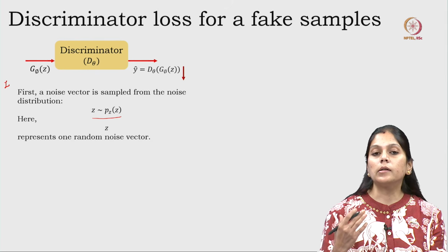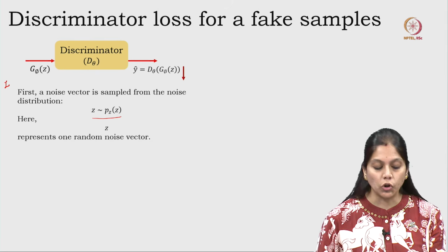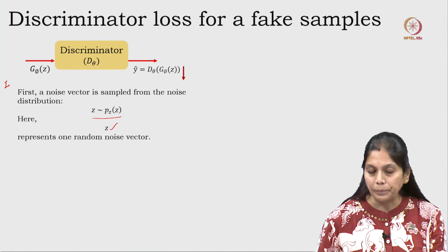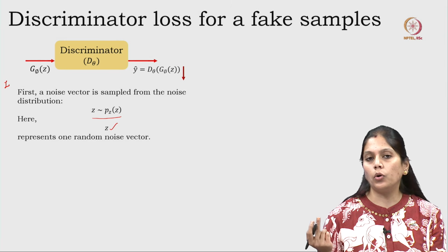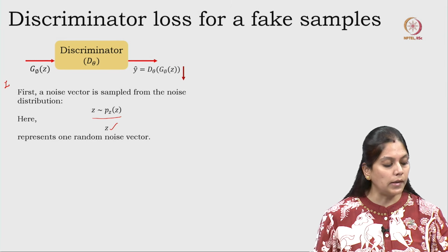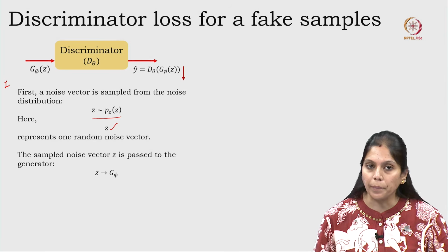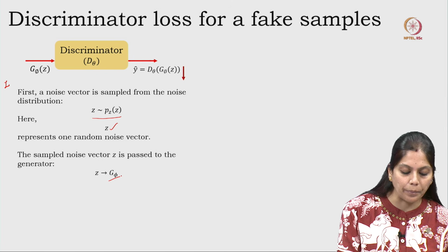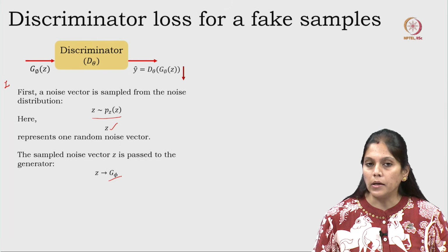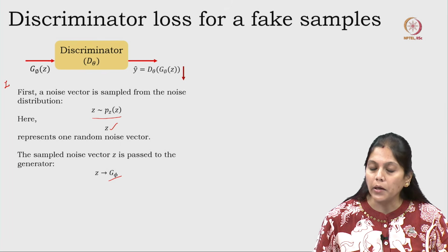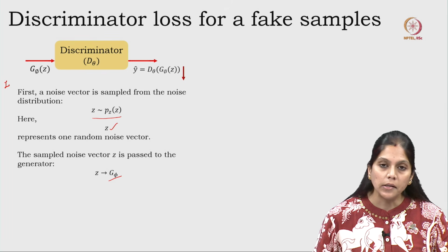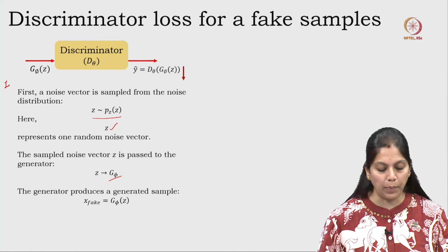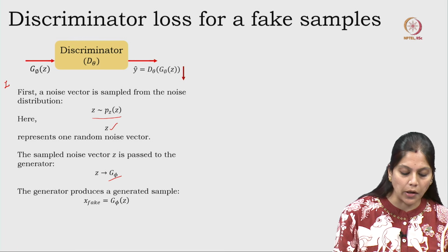So, first z is sampled from this distribution, where z becomes one random noise vector. Now, this z is passed to a generator. The sampled noise vector z is passed to the generator, and once z is passed, the generator gives us the generated data, or generated sample.